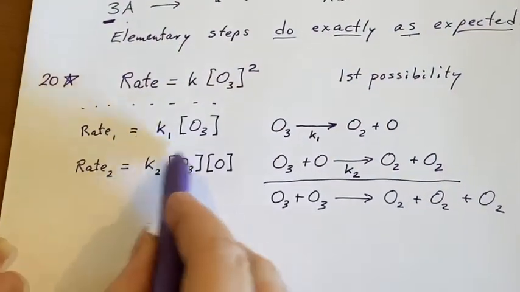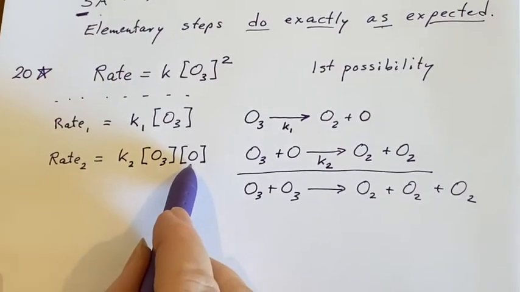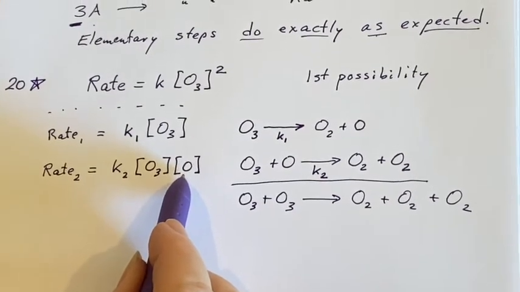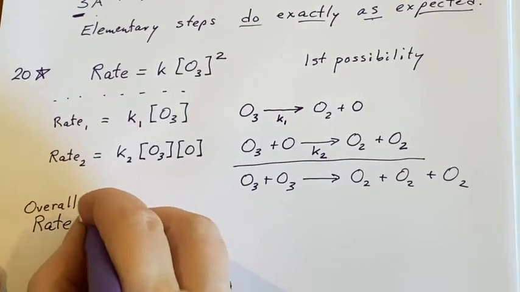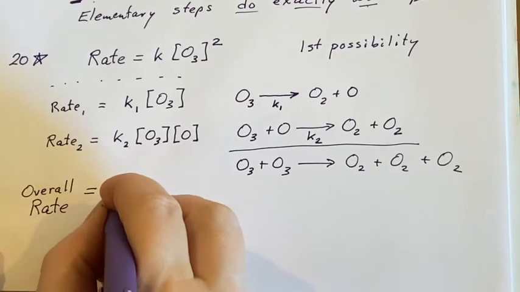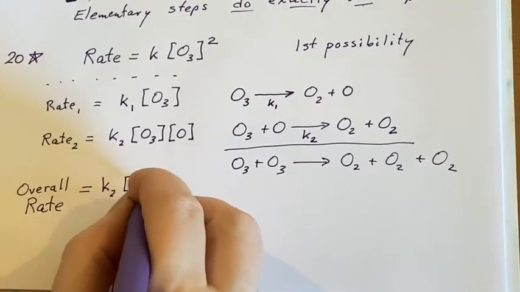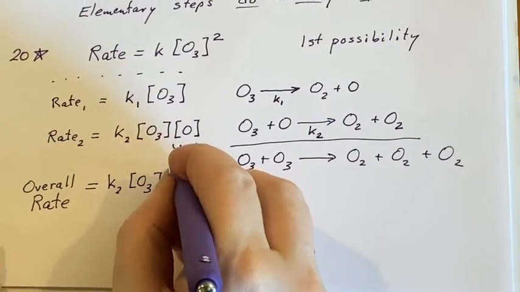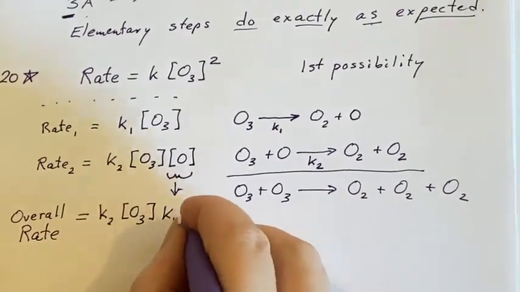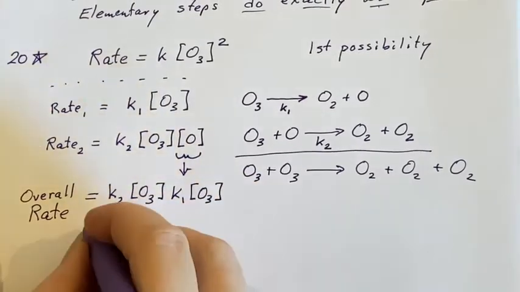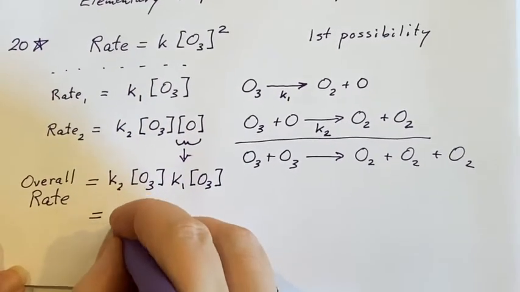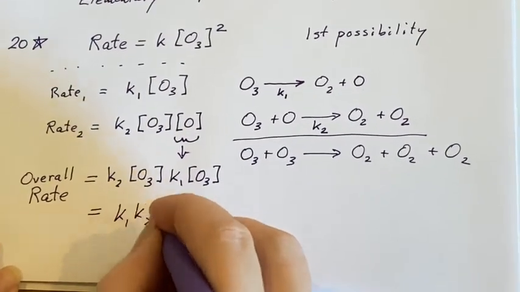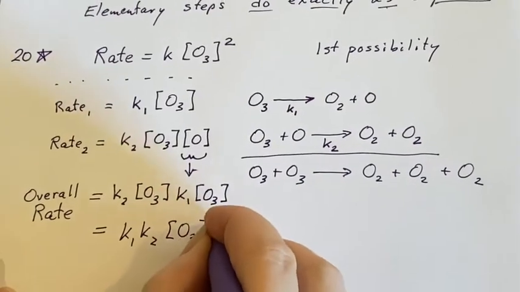I can just use this in place of O. The overall rate, I'm going to keep the k2. I'm going to keep the ozone. And then in place of this O, I am going to write k1 and ozone again, which then I can say looks like k1, k2, and ozone squared.